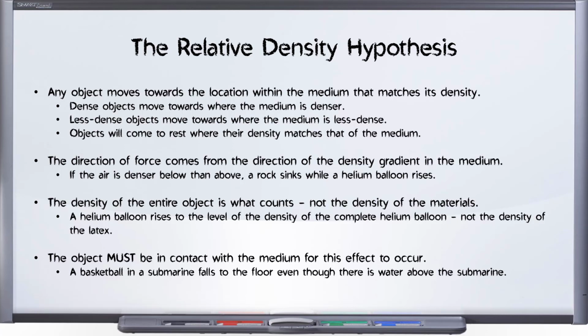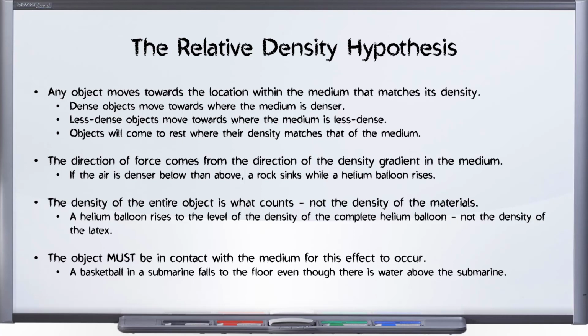Okay, next point. The density of the entire object is the density that is considered, not the density of the individual materials that the object is made out of. What do I mean by that? In all of these cases, we are considering pretty much a single material for the medium, but the objects are often composite objects. For example, a helium balloon is a latex skin that has been filled with helium.